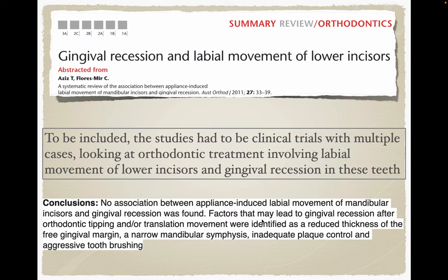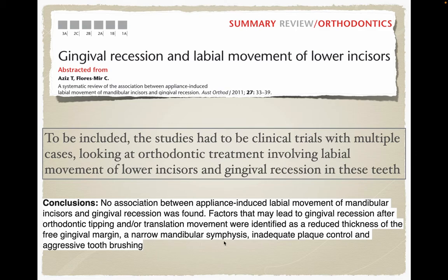The factor that may lead to gingival recession after orthodontic tipping or translation movement was identified as reduced thickness of the free gingival margin, which is the keratinized gingiva, the one we call a thin biotype. If you examine it, there is a reduced thickness of this attached mucosa that is necessary for fighting against plaque-induced gingivitis or even proclination.